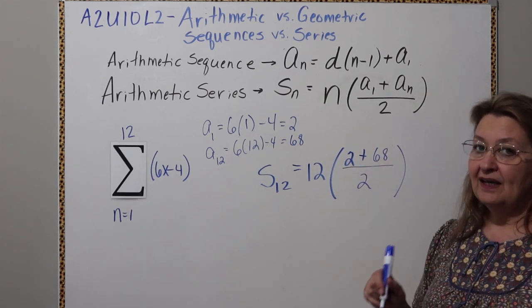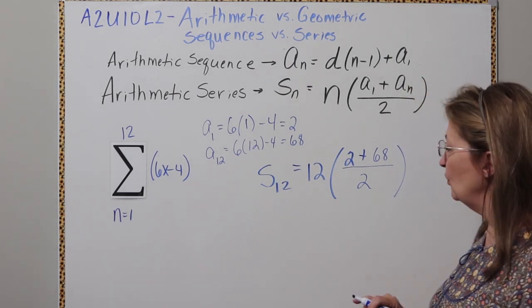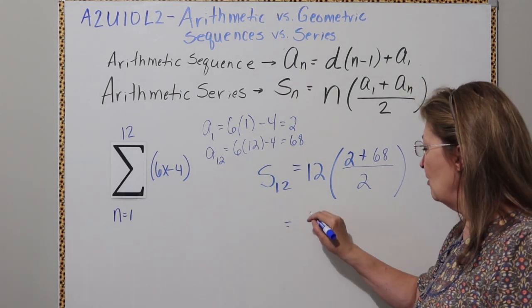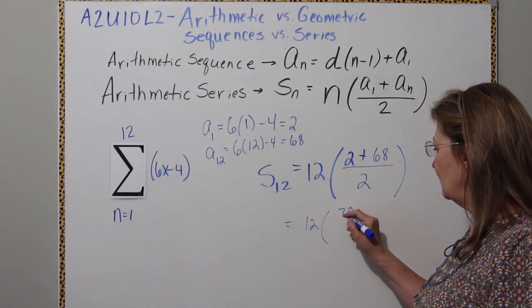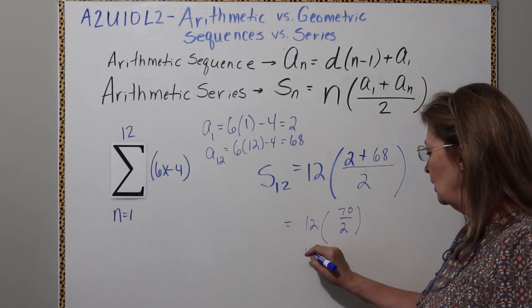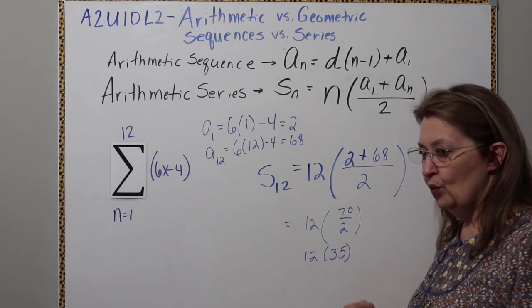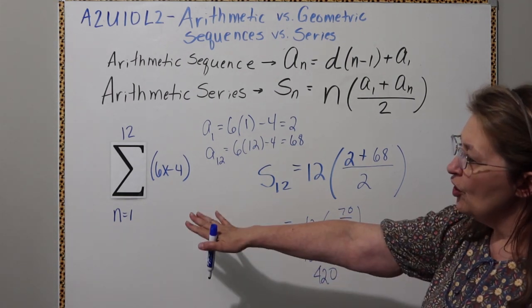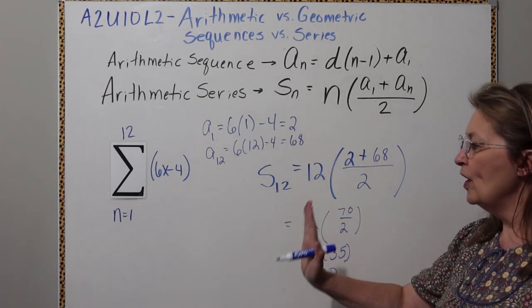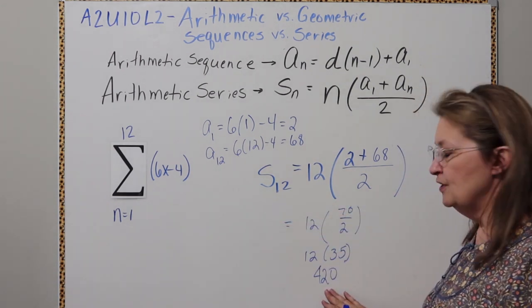So, you see, we had to think outside the box a little bit, had to find a little more information, but we pulled it off. So now I've got 12 times 2 plus 68 is 70 over 2, which is 12 times 35, which is 420. So the sum of the first 12 numbers in the arithmetic series is 420.